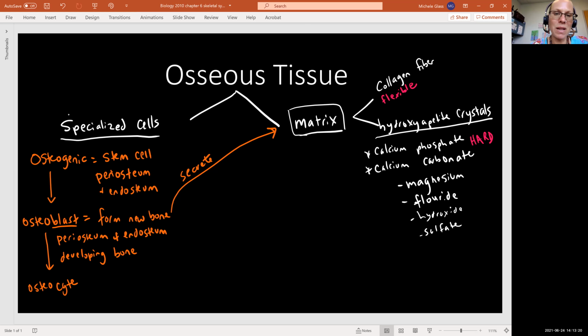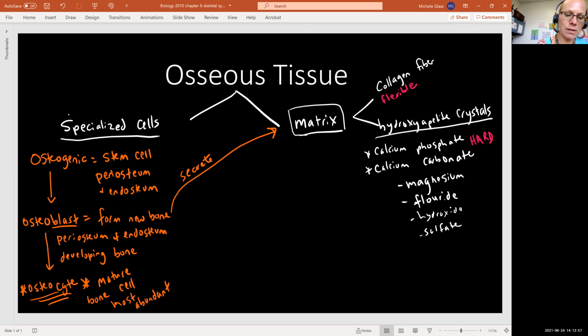As the osteoblast does its job, it's surrounding itself more and more with matrix. And once we have that bony matrix there, then we have bone. Then it's the osteocyte that's going to be the mature bone cell. This is the most abundant, because the skeleton is mostly bone tissue. So the osteocyte is the bone cell.